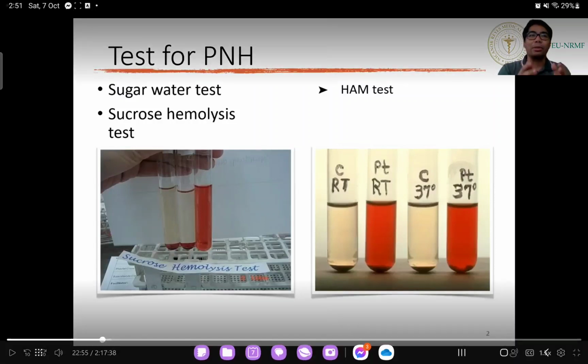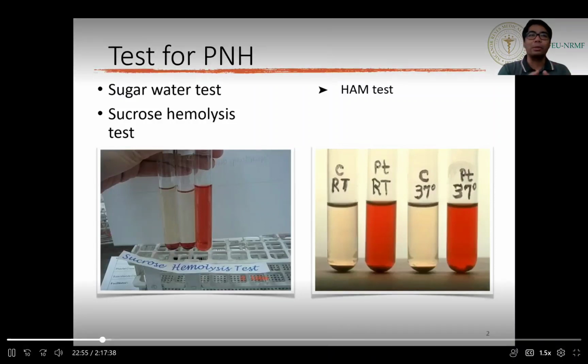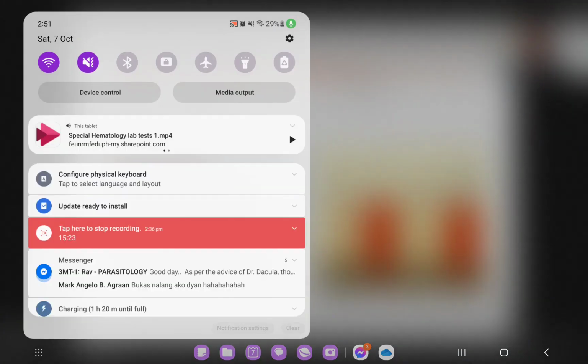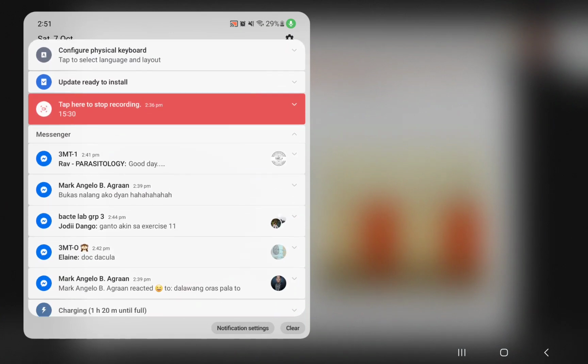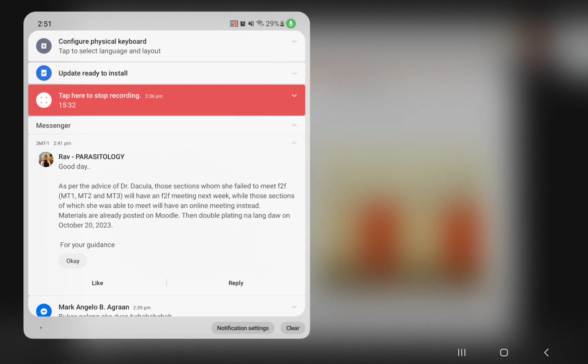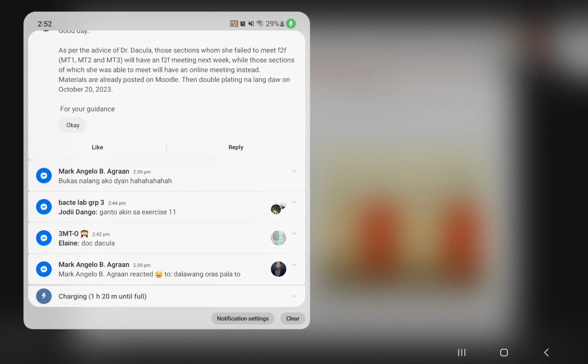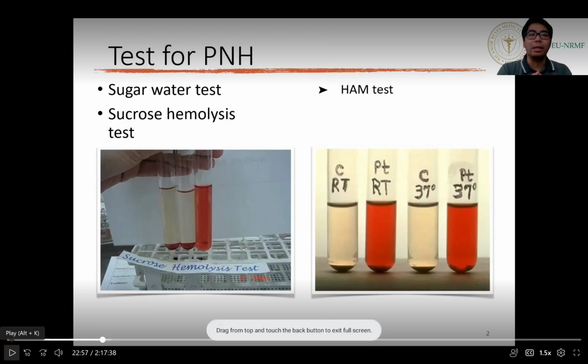So bakit paroxysmal? Paroxysmal means there is a transient, or sometimes meron, sometimes wala, no?